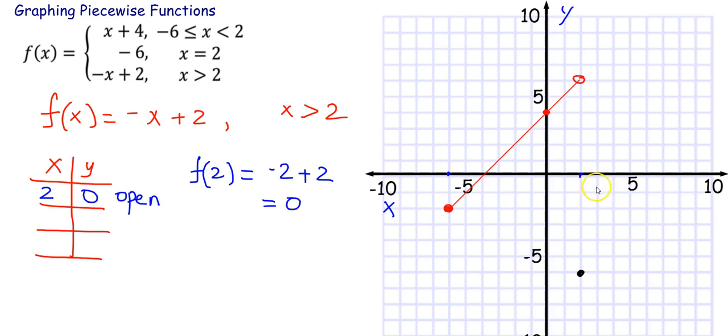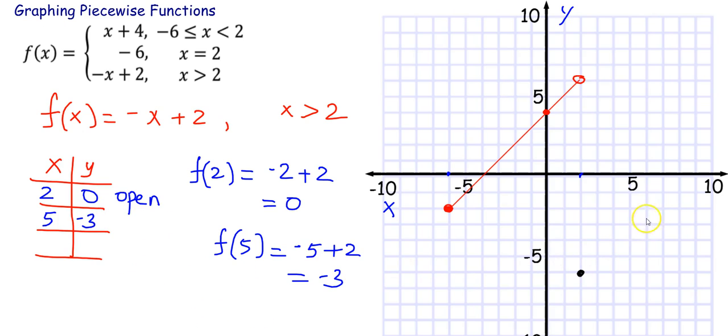Now take one more point, greater than 2: 3, 4, 5, anything. Let me write down 5. So f of 5, this x is replaced by 5, and -x is -5 plus 2 gives me -3.